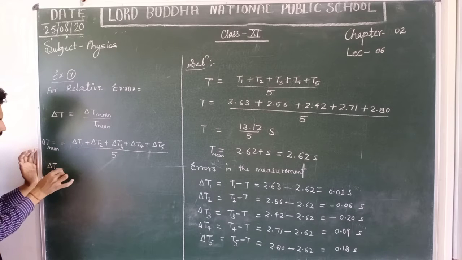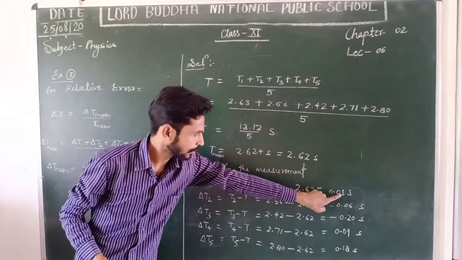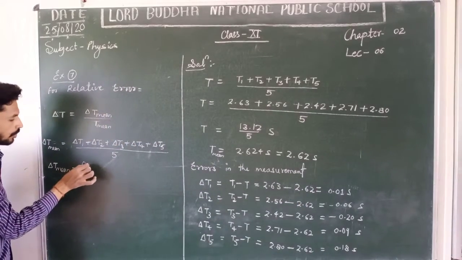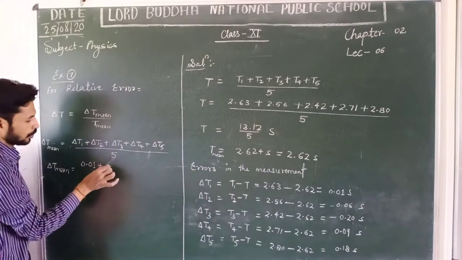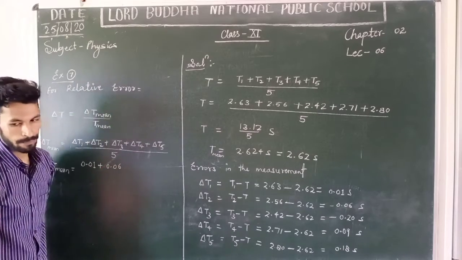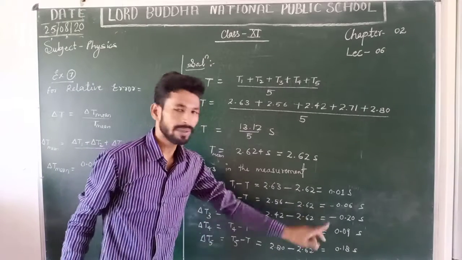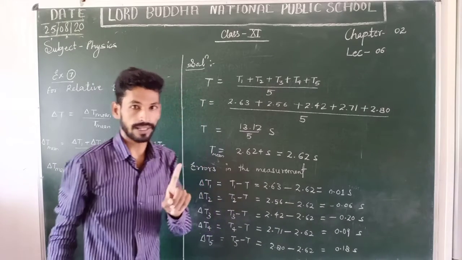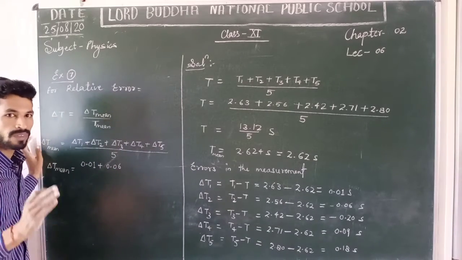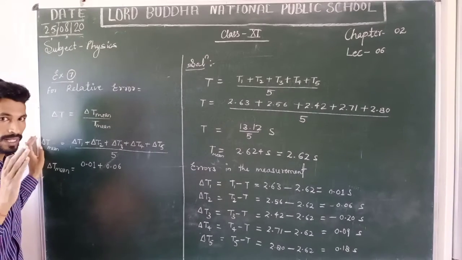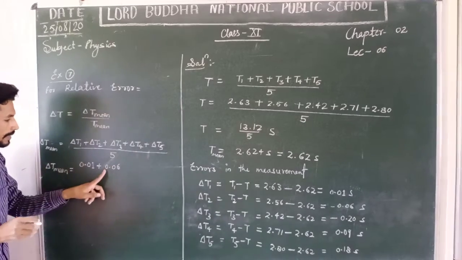Delta T mean equals delta T1, 0.01 second, plus delta T2, 0.06. One more thing you have to remember: the sign of the error is always taken positive, because in the previous lecture we discussed that the error will never be negative, always positive, otherwise 0. So take your sign positive.